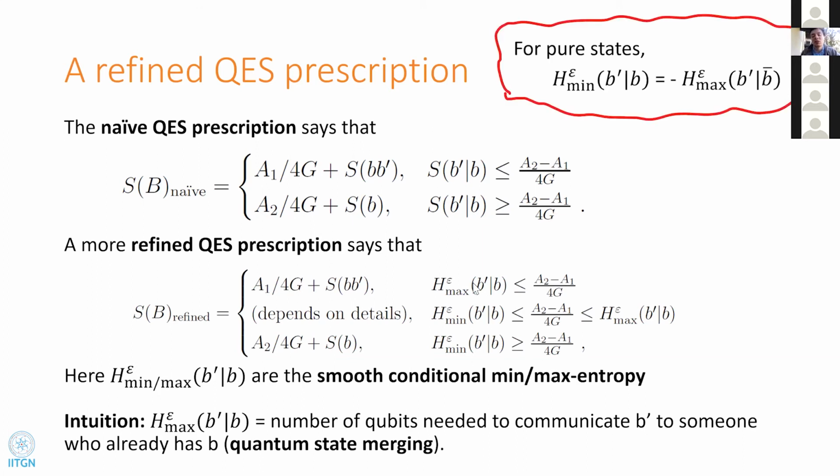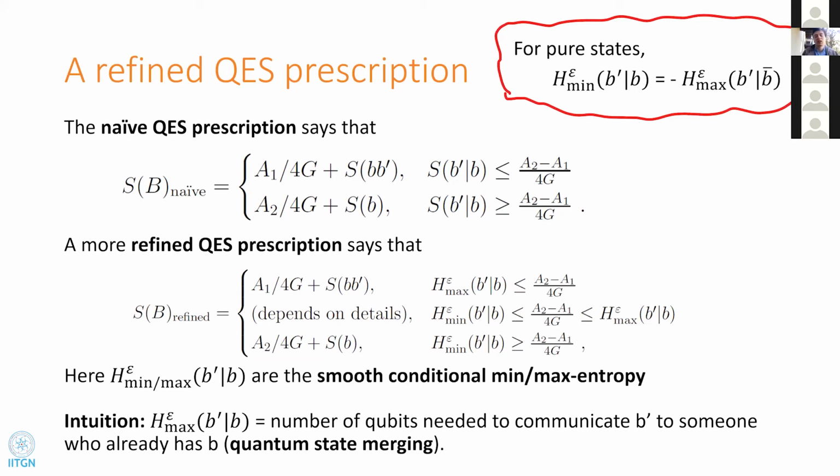But then what's the intuition for this other condition with H min? Well, it's just a fact that if I have a pure state on little b prime, little b, little b bar, then H min of little b prime conditioned on little b is just minus H max of little b prime conditioned on little b bar. So like a generalization of the fact with conditional entropy that S of little b prime given little b is minus S of little b prime given little b bar.